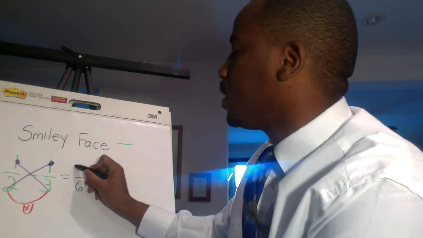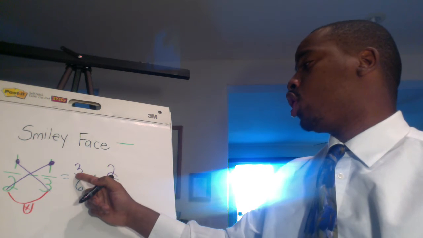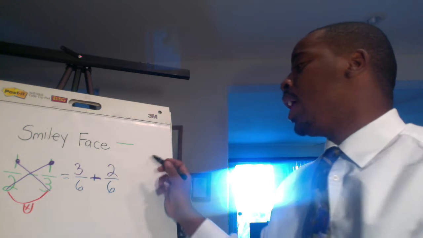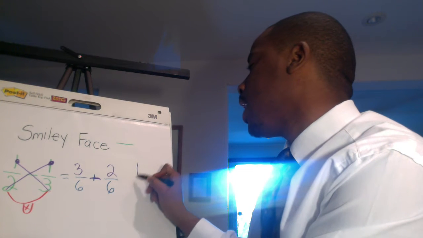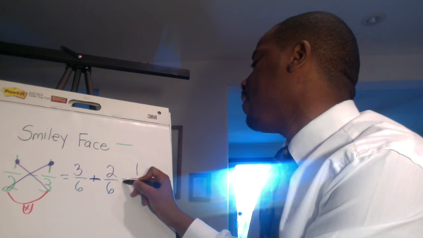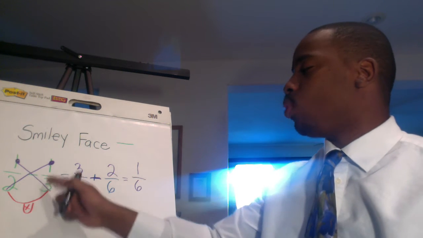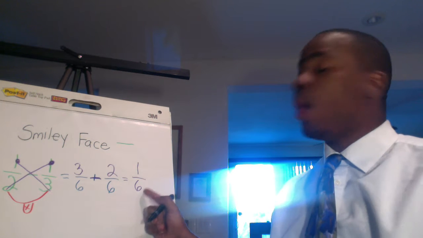So now we're going to subtract 3 minus 2 is 1. And of course, we keep our denominator the same. So we have 1/2 minus 1/3 is equal to 1/6.